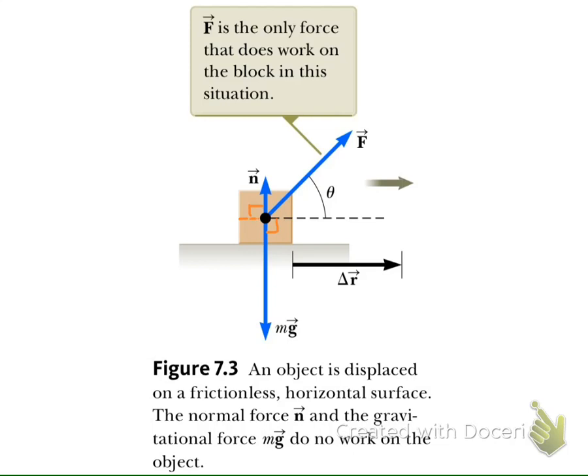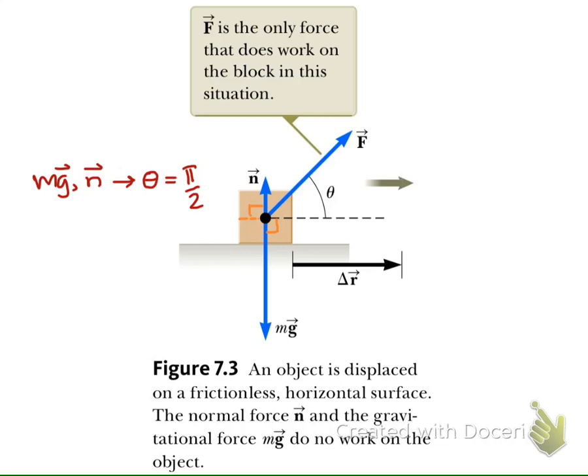So it means that in this case of the gravitational force and the normal force, for the gravitational force mg and the normal force n, theta is equal to pi over 2.